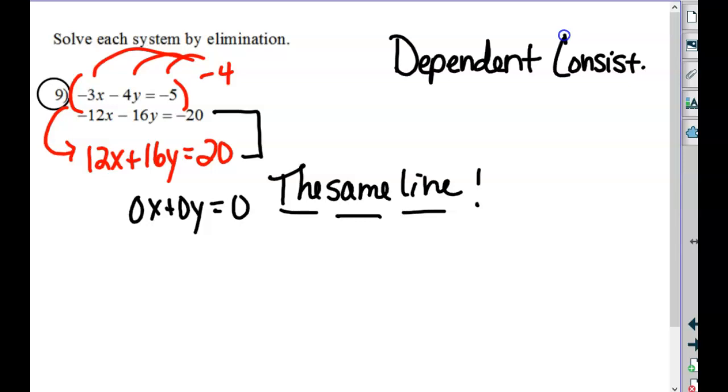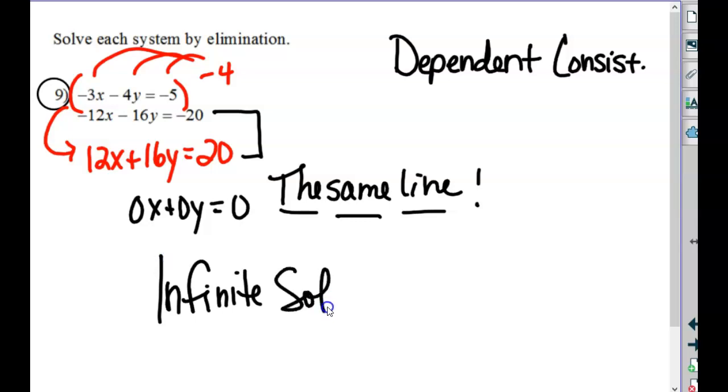What that means is it has at least one solution, and dependent means the lines are really the same line. I don't believe that vocabulary is anywhere on a quiz. It does mean they're the same line, so there are actually how many solutions? Infinite solutions.